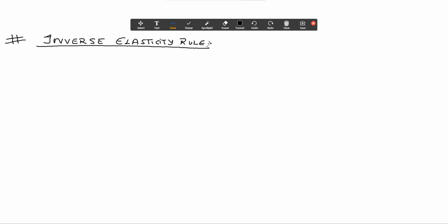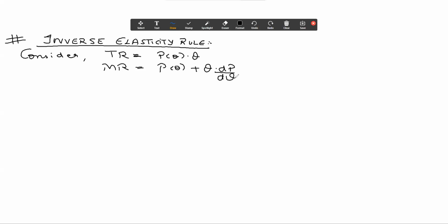So let's derive this. Consider my total revenue as price as a function of quantity times quantity. If I differentiate, what is my marginal revenue? Using the product rule, the derivative of P of Q times Q is P times 1 plus Q times dP by dQ.